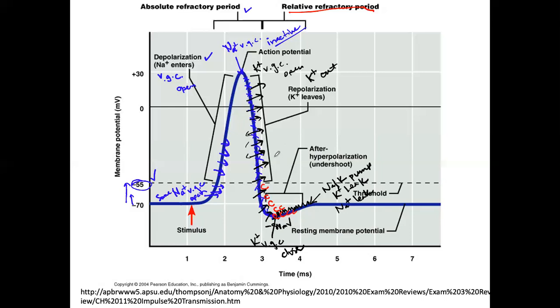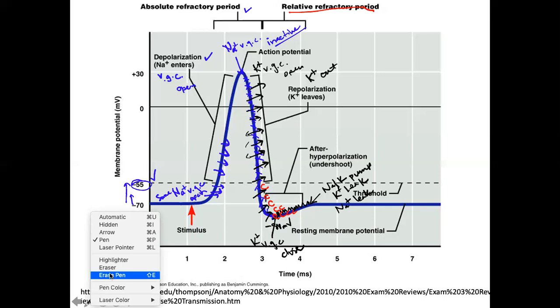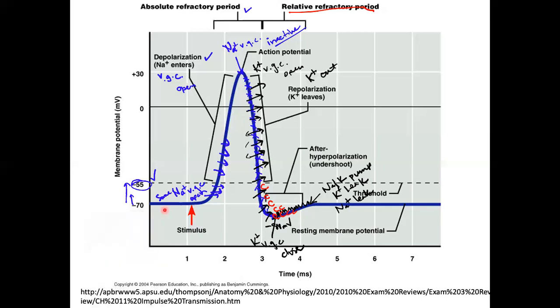Okay, so let me recap. And I want you guys to draw this out and label them as well, right? Let's see, laser pointer. So resting membrane potential, sodium potassium pump, sodium leak channels, potassium leak channels. This gets some type of a stimulus, and some sodium voltage gated channels are going to pop open and some sodium rushes in.